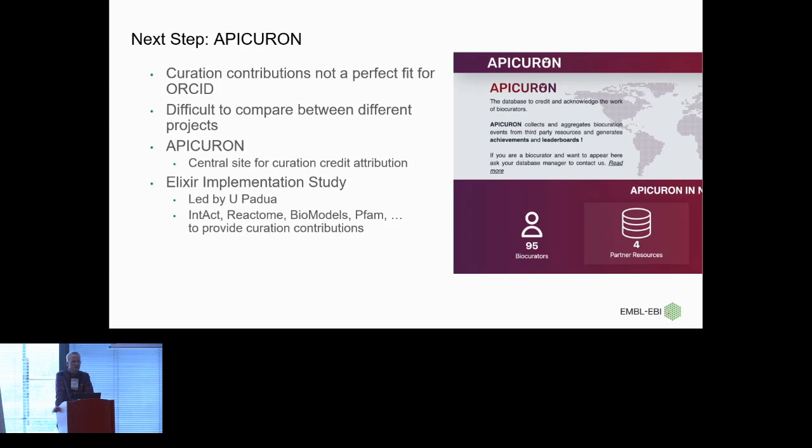And there you have things like medals, leaderboards, and so on to give credit. And so we hope, again, that this is a step to really reward and give credit for something which is not just I have published X and Y.